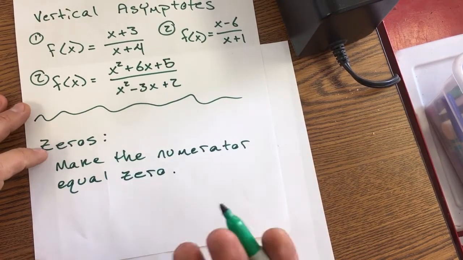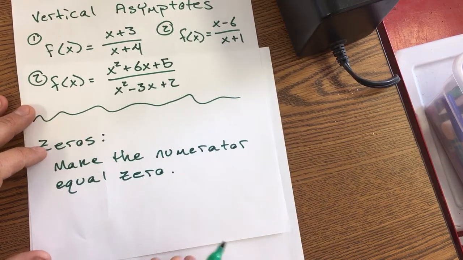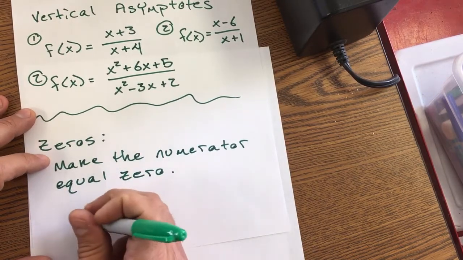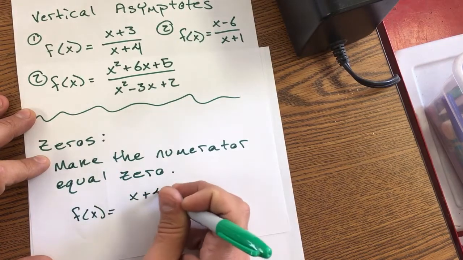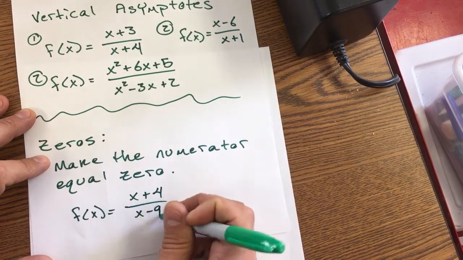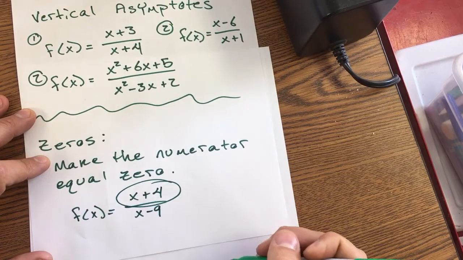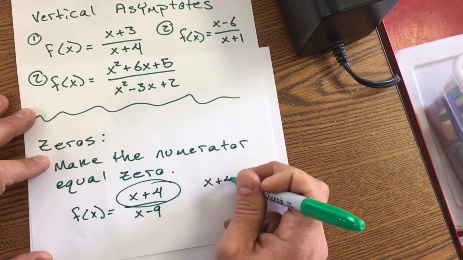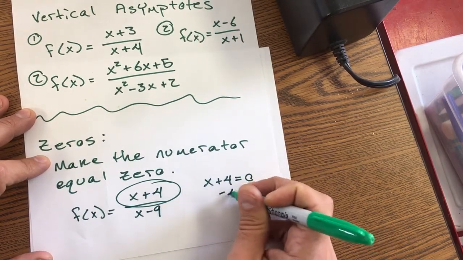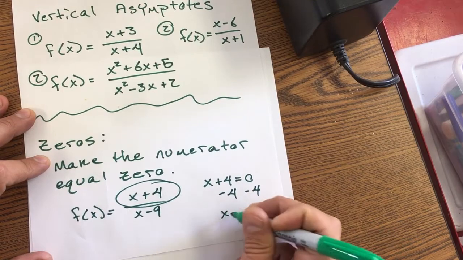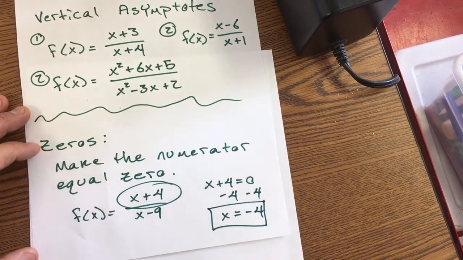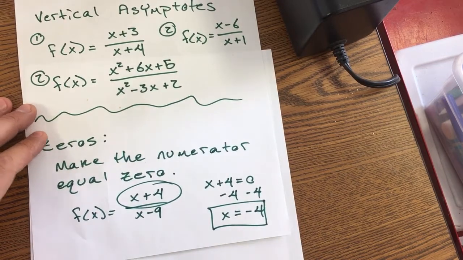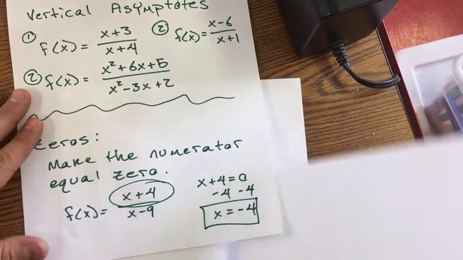Some of you guys just set it equal to 0, which is a little bit easier for you. So if I have something like this, I'm just going to take my top and set it equal to 0 and solve for x. That is my 0 or my x-intercept. Okay?